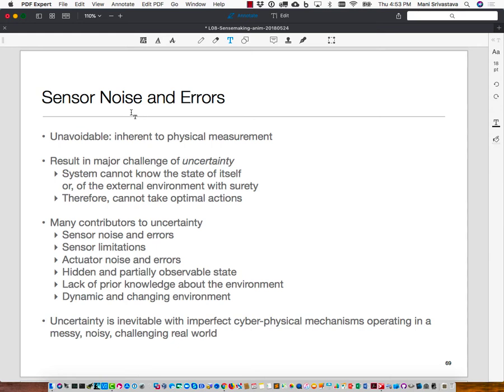In case of things like robots, what that results in is that if the sensors are noisy and the robot tries to answer even a simple question like where am I, what's my location, it has consequent uncertainty about it. And oftentimes this uncertainty can build up over time so that you cannot even be sure about the action.